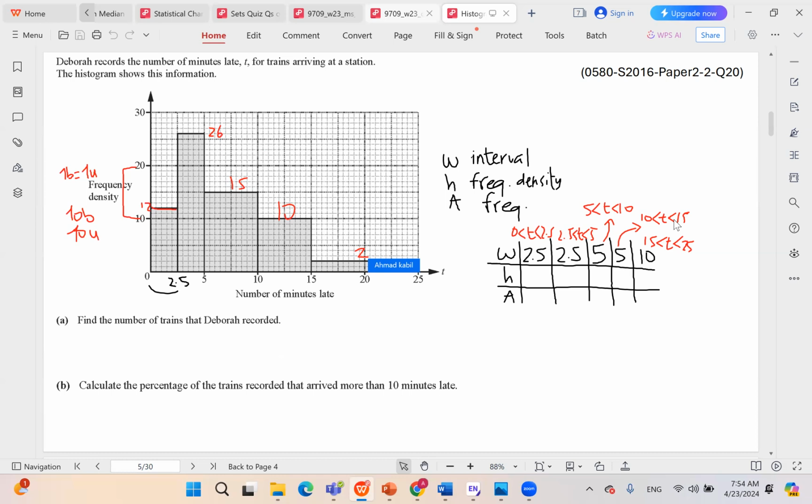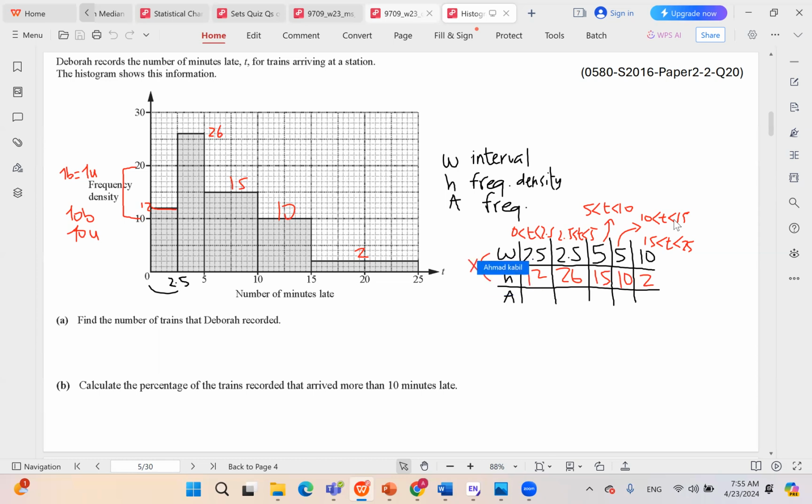So now we can record these values next to the height. So I'm just going to plug in the values I got. So this is 12. This is 26. This is 15. And then 10. And then finally 2. So we can calculate the area by simply multiplying width times height.